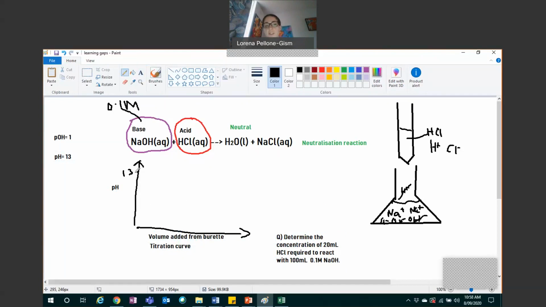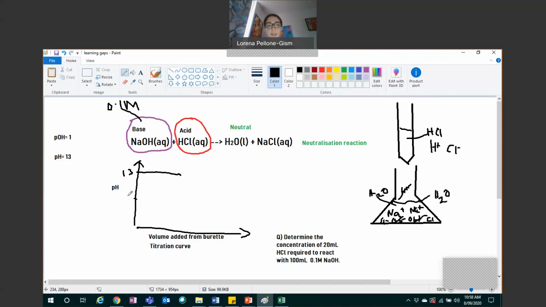So the pH changes quite gradually. And this is really good for our technique, because then you keep adding the HCl and eventually you'll get rid of all of the hydroxide and you'll just have water there, and it turns into a neutral solution. And we know that neutral has a pH of 7.